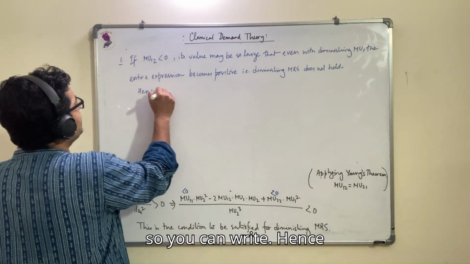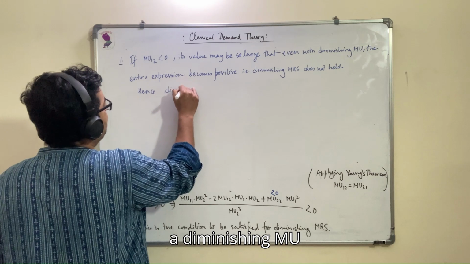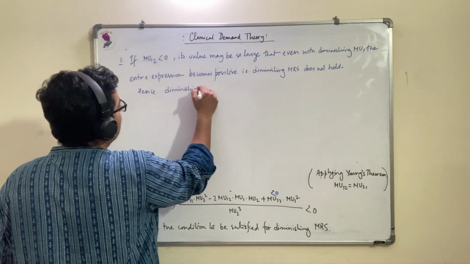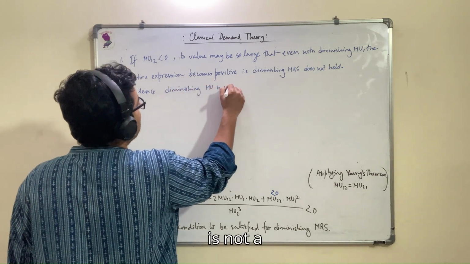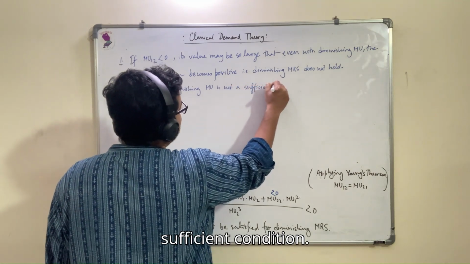So you can write, hence a diminishing MU is not a sufficient condition.